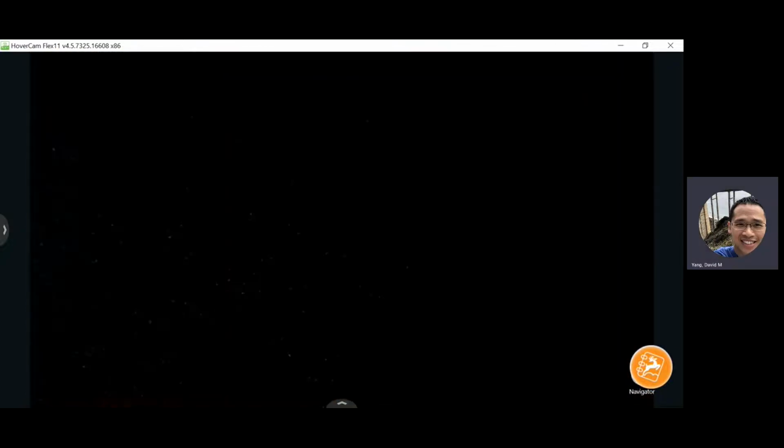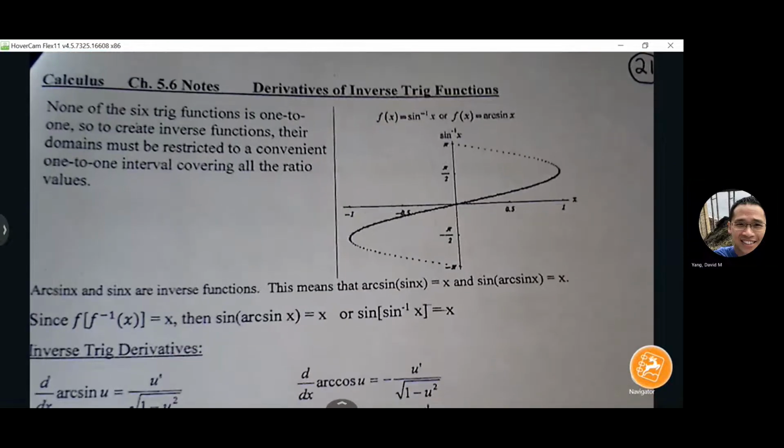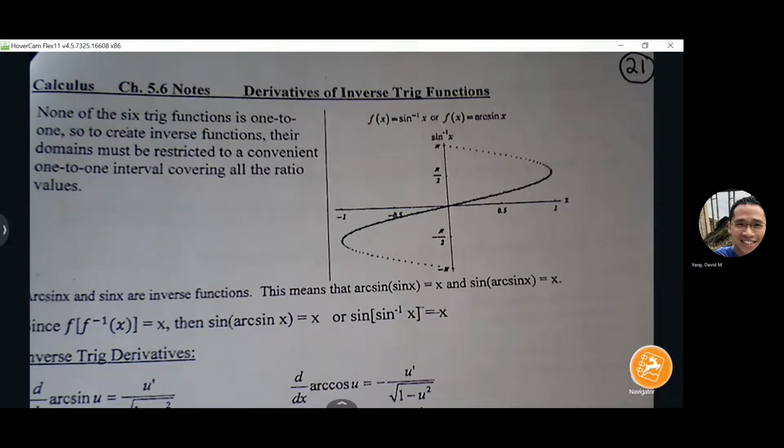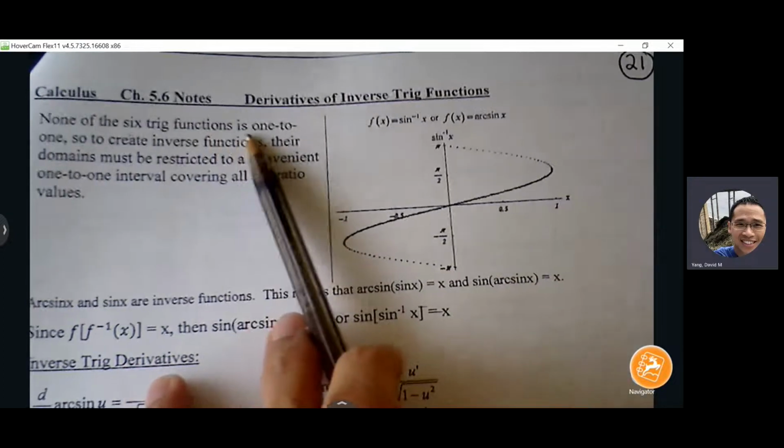All right, so today's notes, page 21. Okay, so we have trig functions.